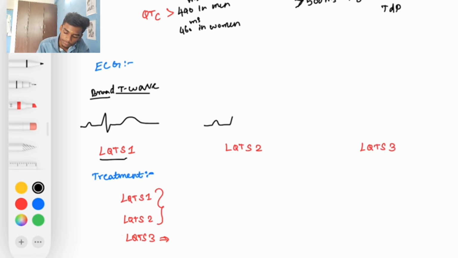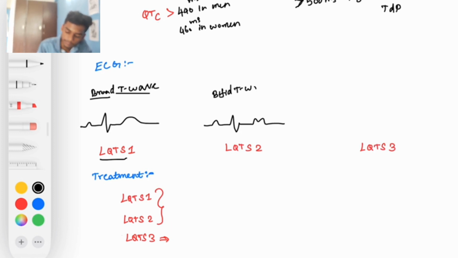In type 2, you will have a bifid T wave. In type 3, you will have a long ST segment and a pointed T wave. Long ST segment, the T wave is occurring late and it will be pointed.